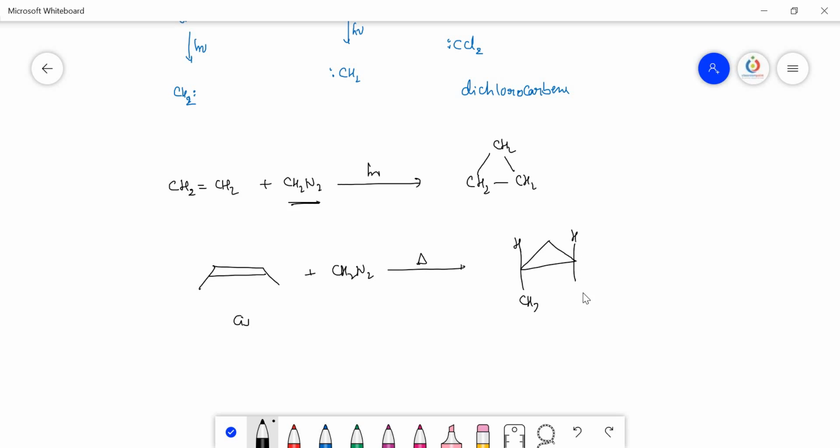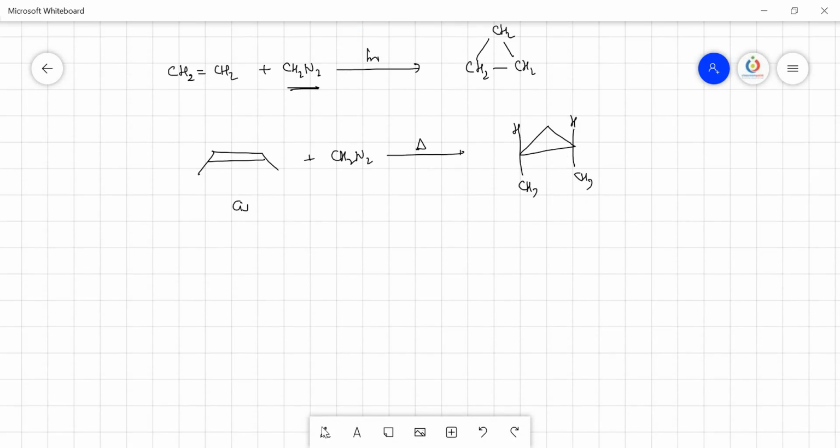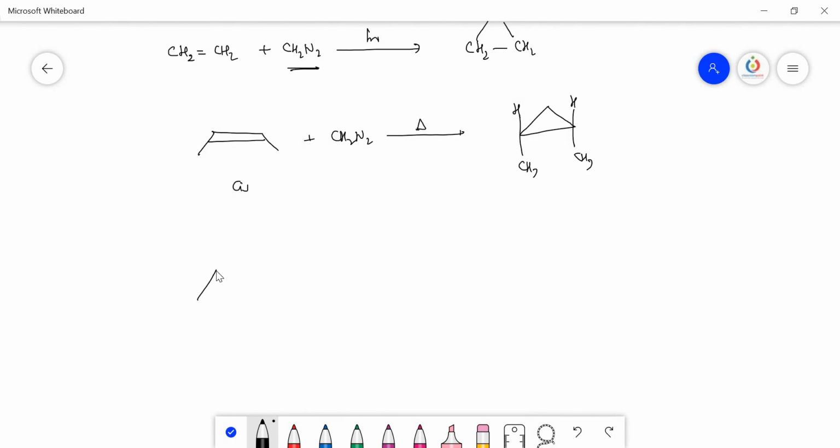CH3, hydrogen, hydrogen, CH3. Now we shall take the trans alkene with CH2N2 and heat it. Now you will get CH3, hydrogen, hydrogen.